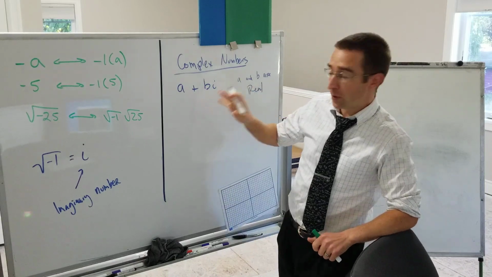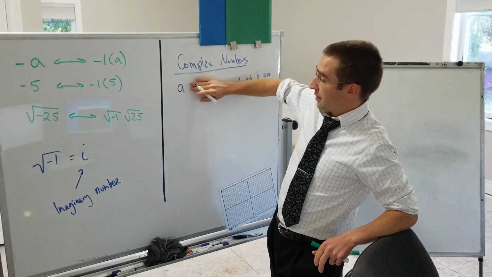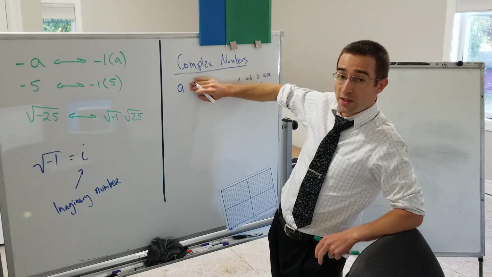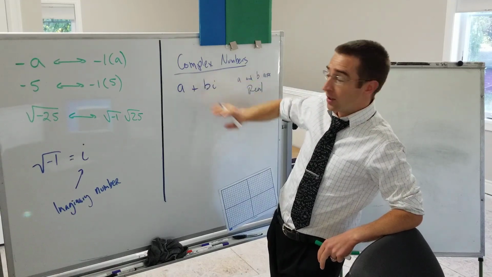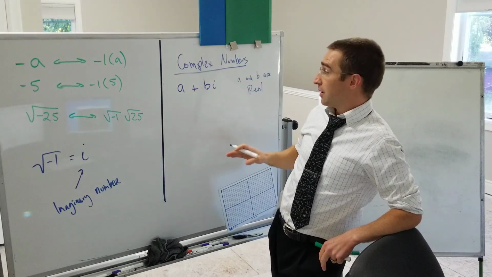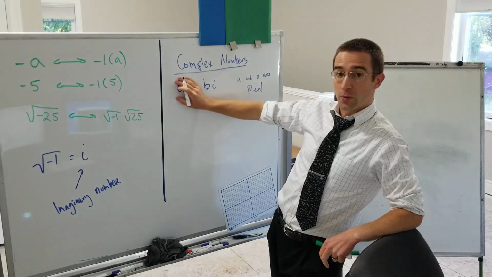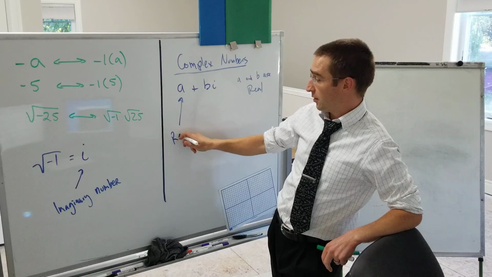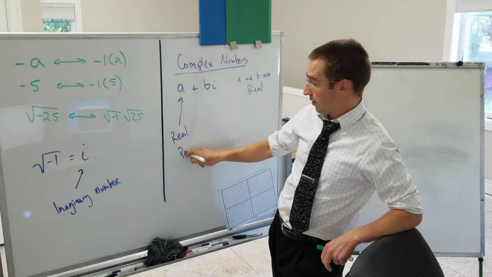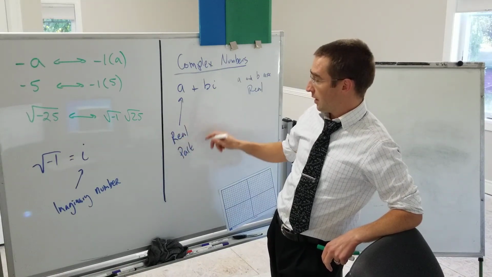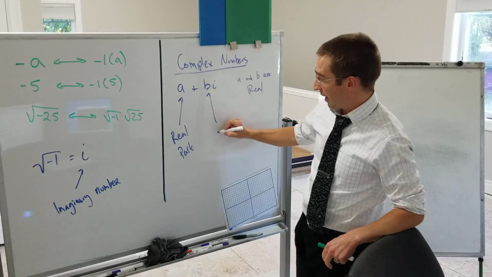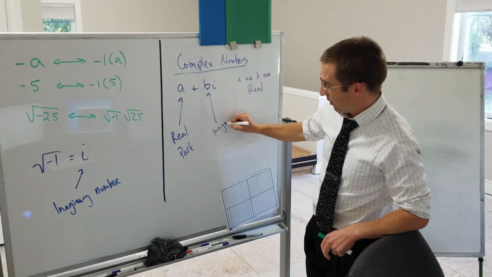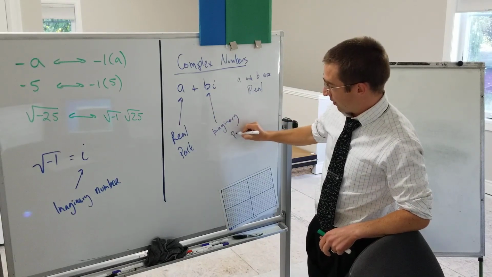Now every real number is just a complex number with 0 for its imaginary part. And every imaginary number is a complex number with 0 for its real part. So we have the real part, and then the imaginary part with the i, imaginary part.